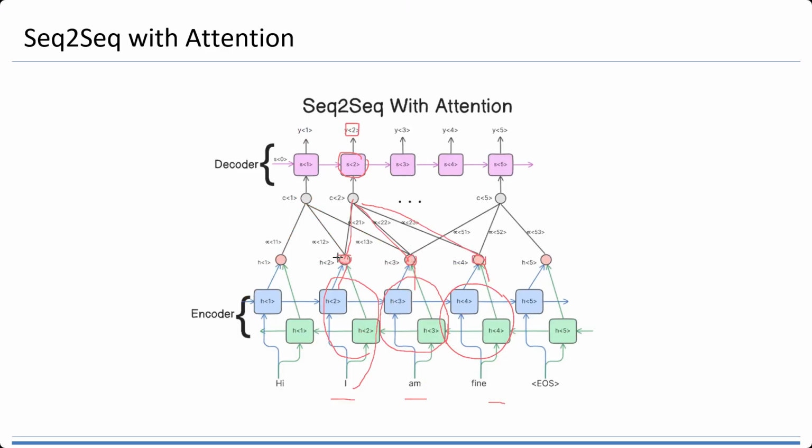So this is a combination, and we want to put attention in order to produce a better output. This is sequence to sequence with attention.